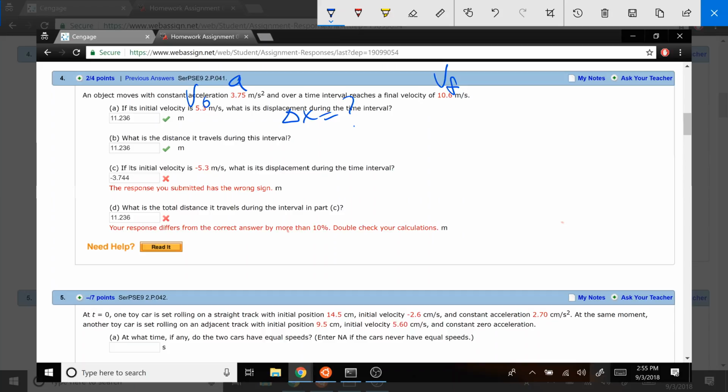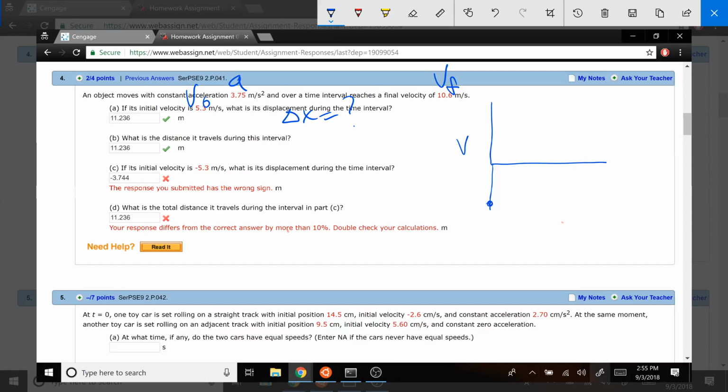Another great way to look at these is to do velocity, acceleration, time graphs. Acceleration is constant. I'm not going to bother to graph it, but it's always positive. The velocity, for case C specifically, if I do velocity versus time, it starts out negative.